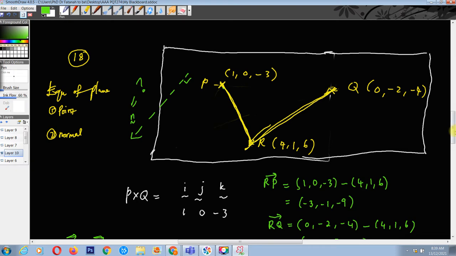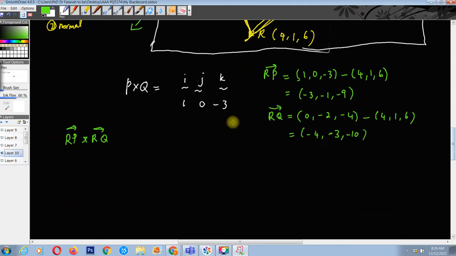So I, J, K. We will have negative 3, negative 1, negative 9, negative 4, negative 3, negative 10.